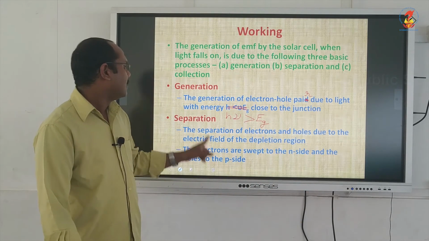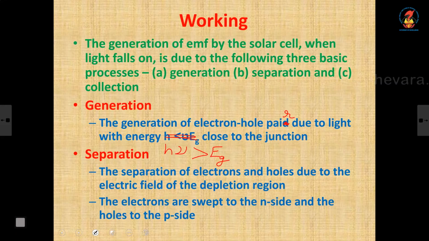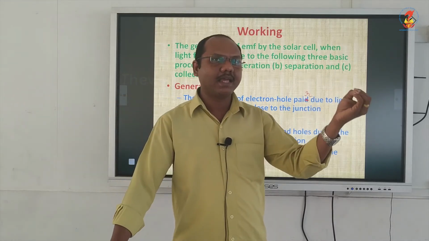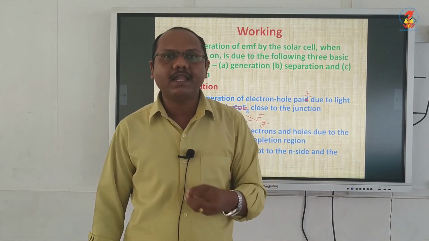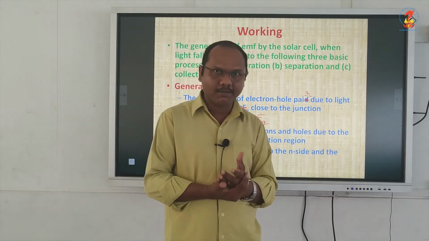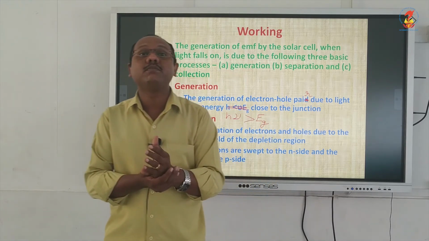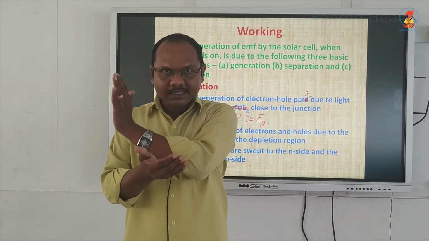Now the separation of electrons and holes is due to the electric field of the depletion region. The electrons are swept to the N side and holes to the P side. That is called separation. So when the light strikes the junction, if the energy h nu is greater than Eg, electron hole pairs are formed. Electrons will move towards the N side and holes will move towards the P side.